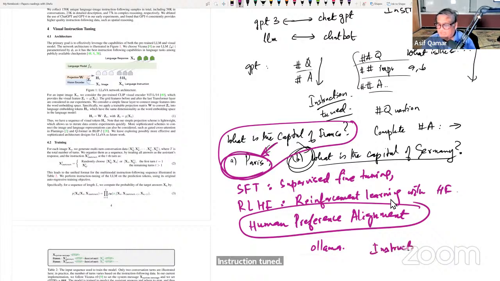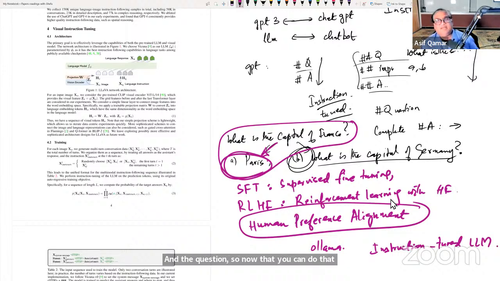Now, with that as a background, you realize that there's tremendous benefit in instruction tuning an LLM in the word domain. That sets the context for the question that the researchers who wrote this paper asked. They said, well, that's really good, it's pretty impressive.